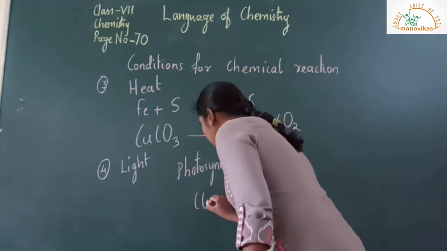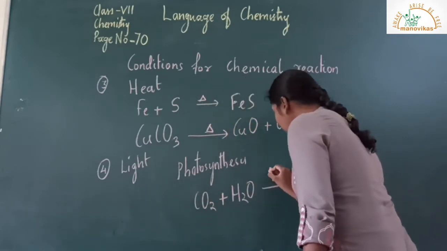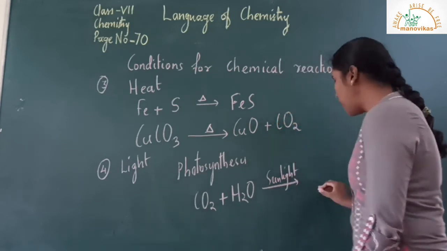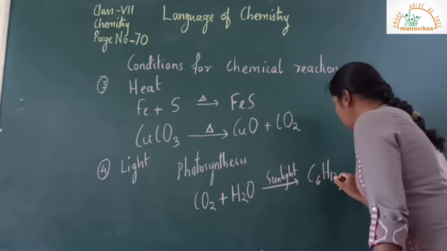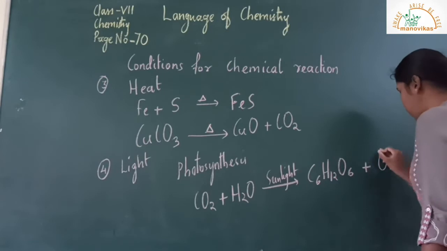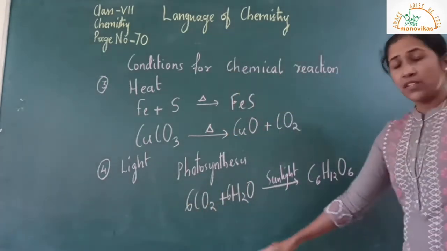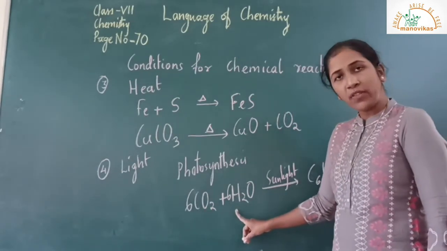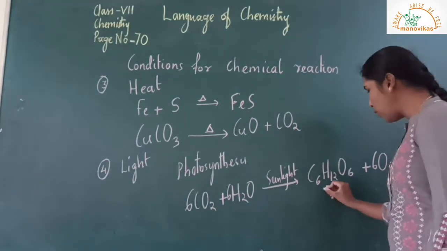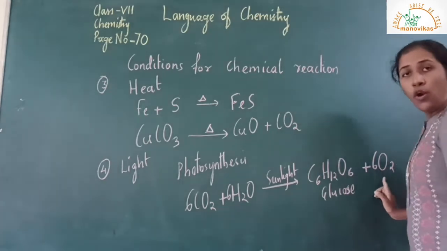So it will be carbon dioxide plus water in presence of sunlight, and what you will get is glucose and oxygen.